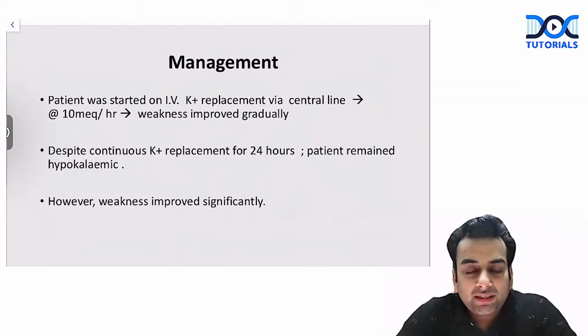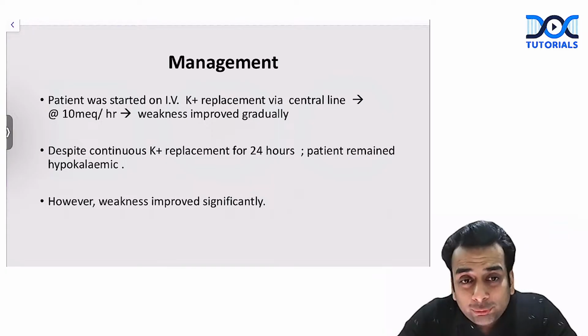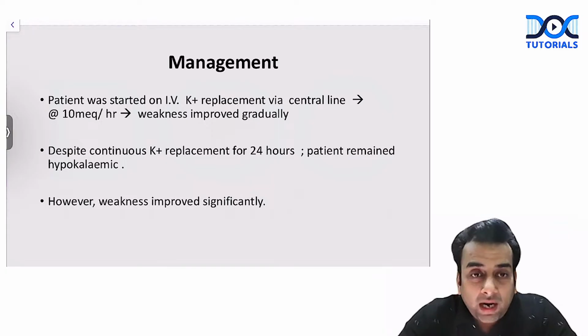The patient was started on IV potassium replacement via central line at the rate of 10 milliequivalent per hour, and the weakness started to improve gradually after the potassium got corrected. Despite continuous replacement for 24 hours, the patient remained hypokalemic.